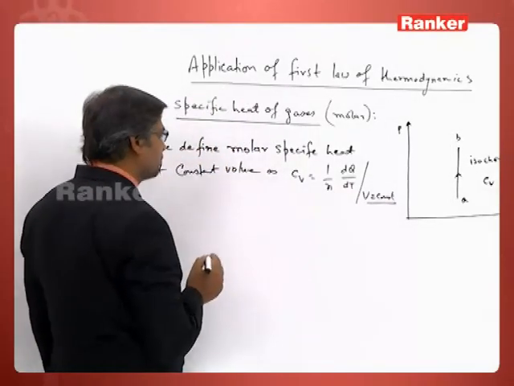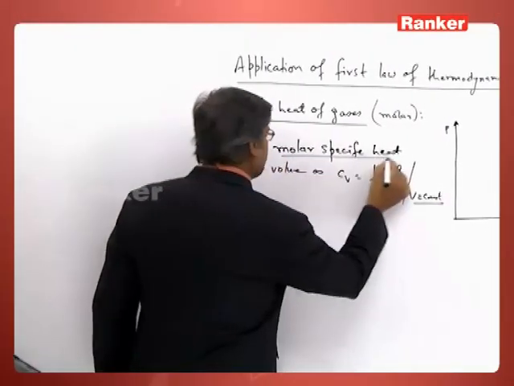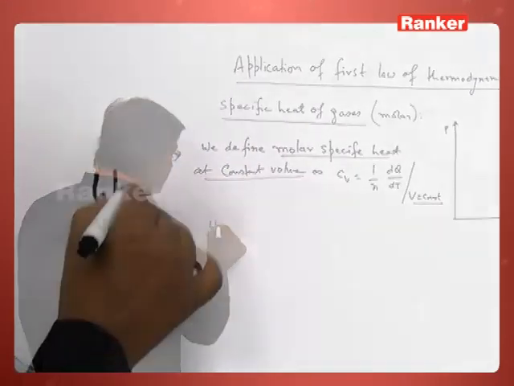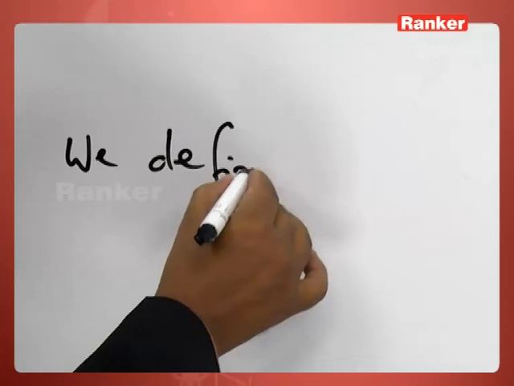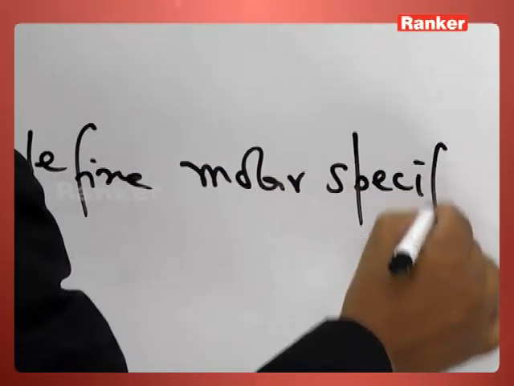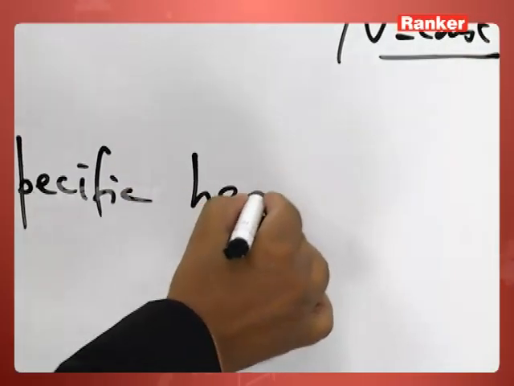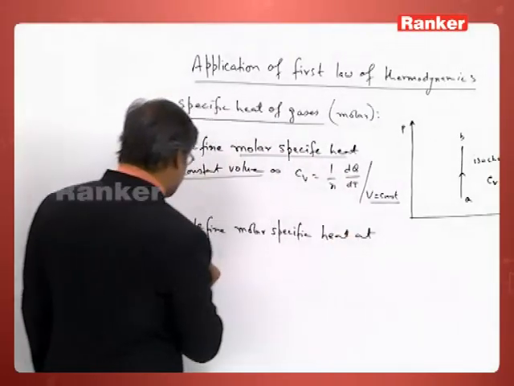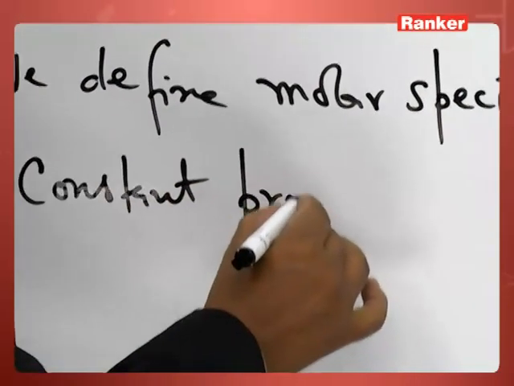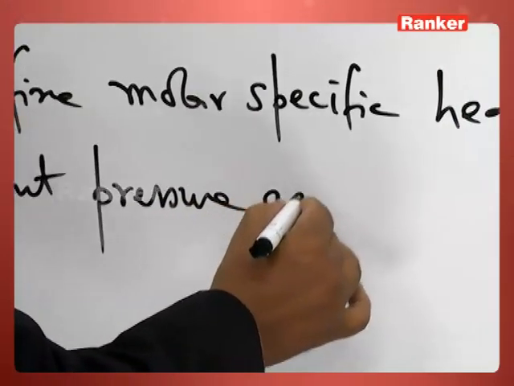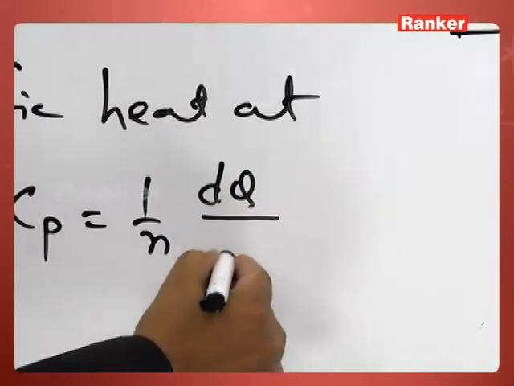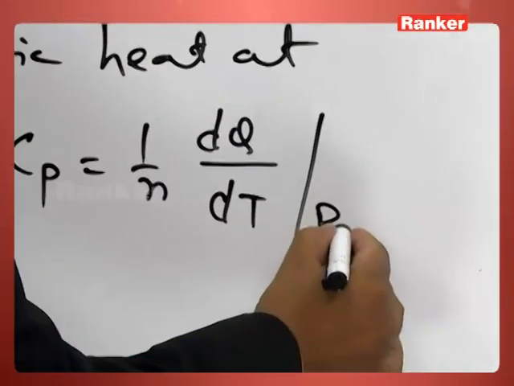So this is molar specific heat at constant volume, Cv. Also we define molar specific heat at constant pressure as Cp, equal to 1 by n dQ by dT at constant pressure.